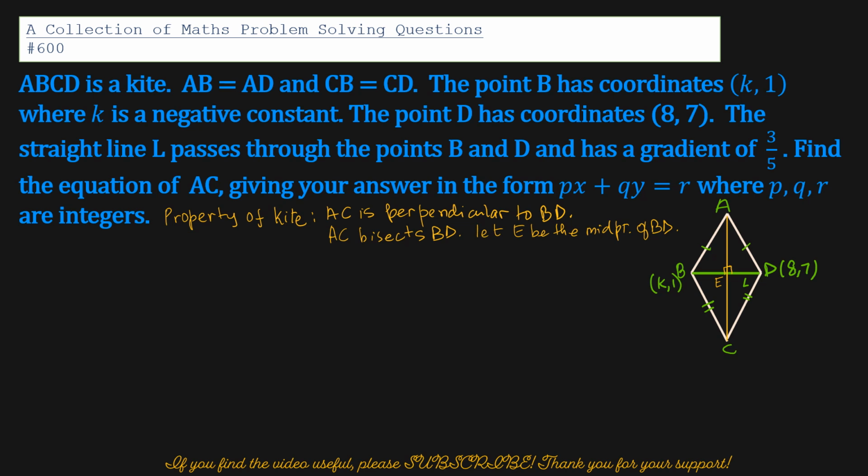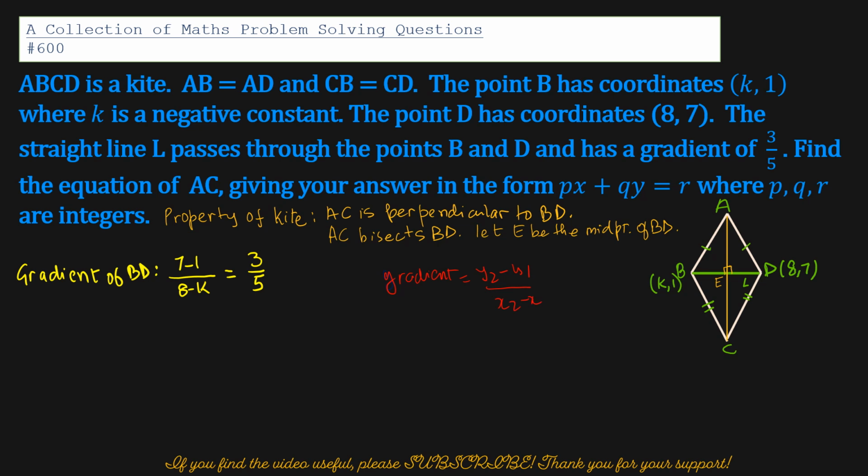So I named the midpoint of BD as E, and we've got to find the coordinates of this midpoint. We'll do that, but before that we've got to find what k is. So using the formula of gradient, we can write the gradient as (y2 minus y1) divided by (x2 minus x1).